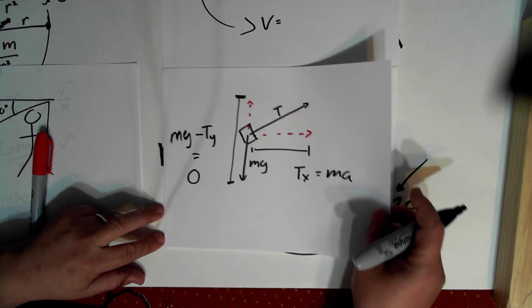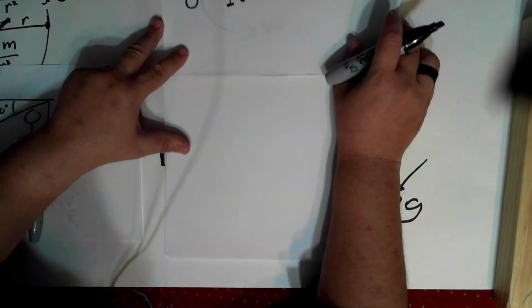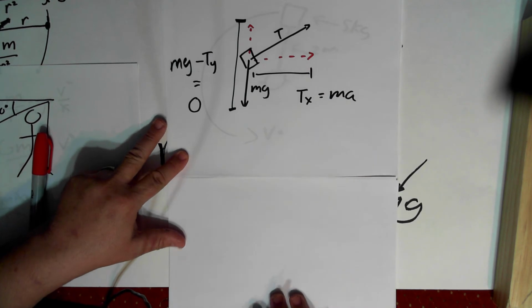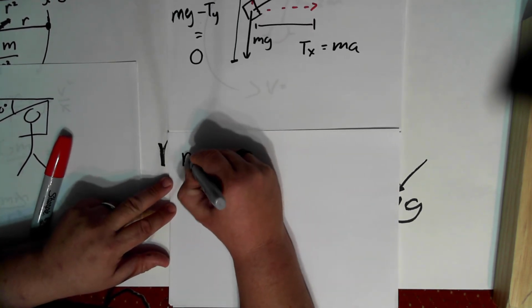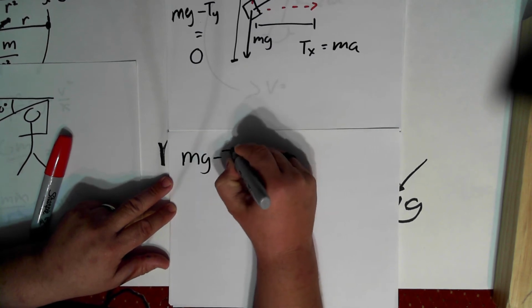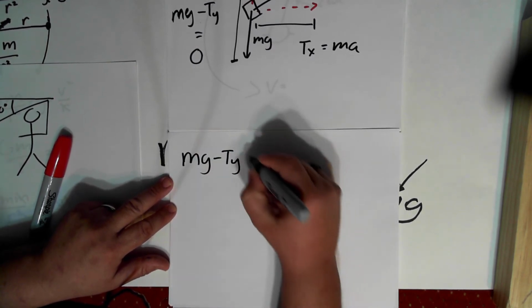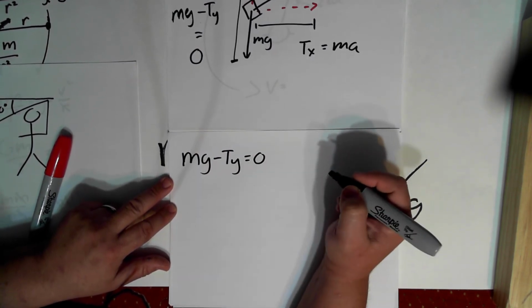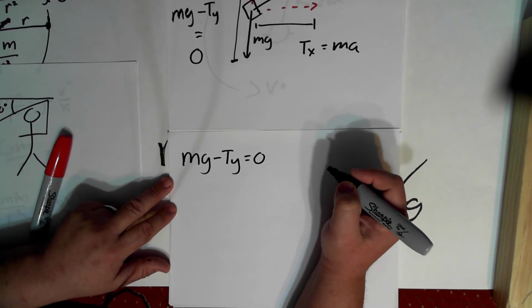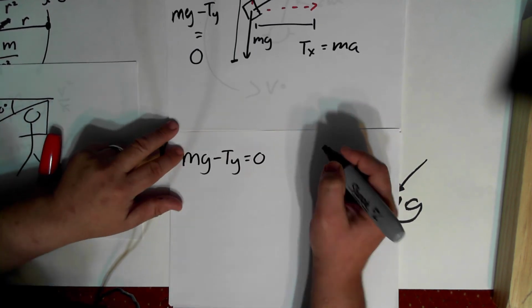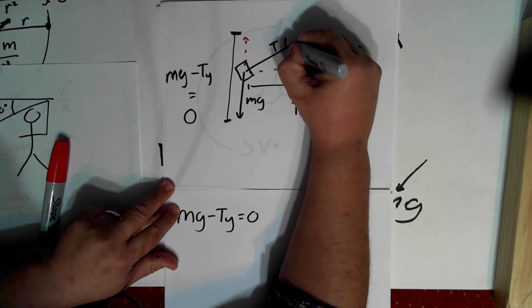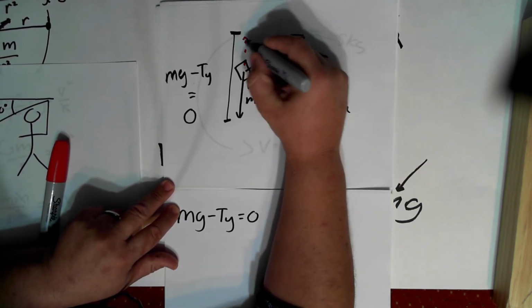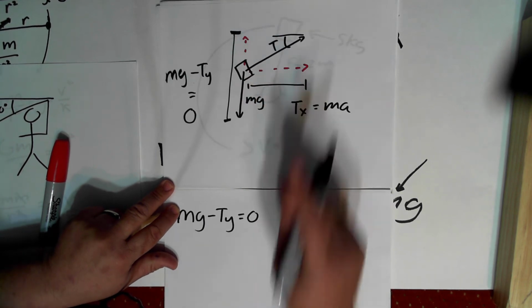Cool? Now let's look at the first part of this problem. Let's look at mg minus t, and go through the process. So mg minus ty is equal to 0. Now I need to figure out what ty is. In my original diagram, this angle would have been 30 degrees, so this is the opposite of that.